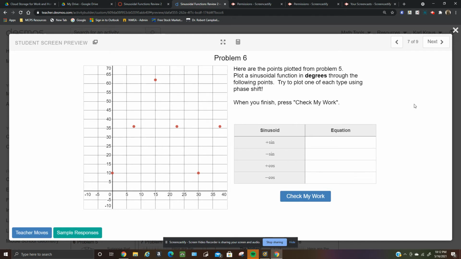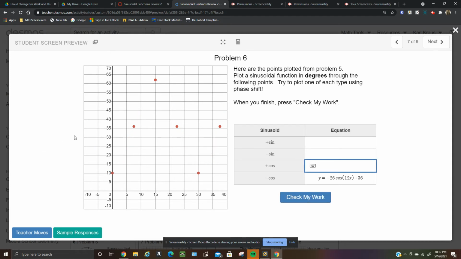All right, here are the points plotted from problem 5. It's in degree mode. So the equation on the previous page that I wrote, negative, my amplitude is 26 cosine 12x plus 36. So that's negative cosine.